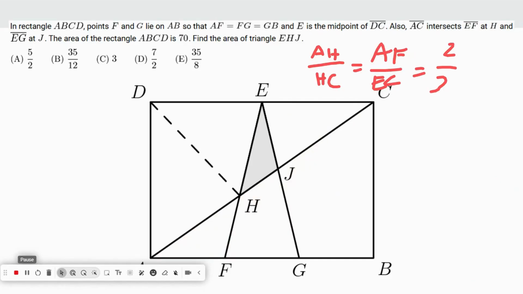we know that from the similarity of triangle AGJ and triangle CEJ, we have that AJ over JC is equal to AG over EC. So what does this mean? We know that AG is 2/3 of the line segment AB.